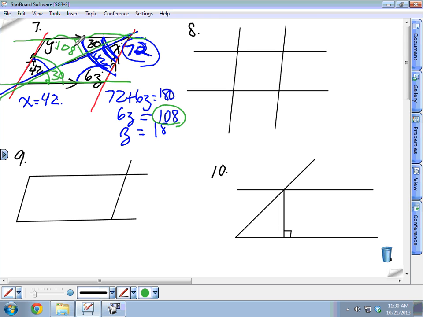Okay, 42 plus 30 is 72, so you get 108 because it's the difference of 180 minus 72. Yes. These two right here are supplementary, and that's how we get that.